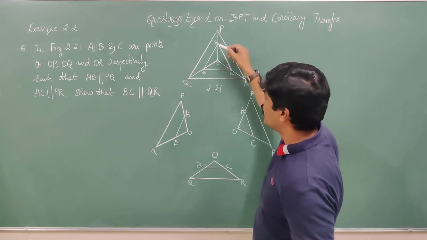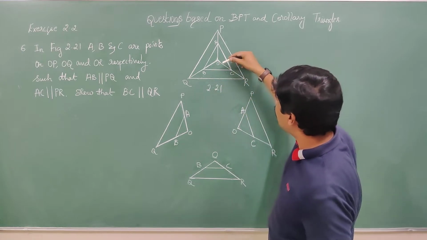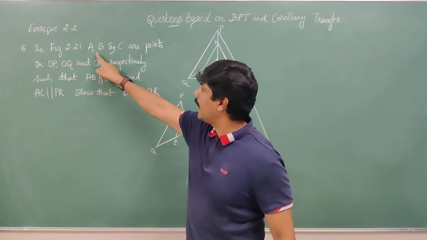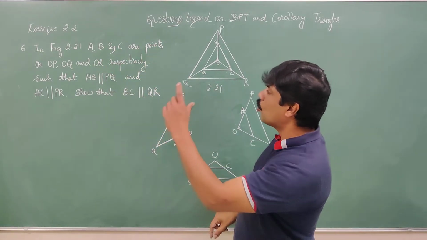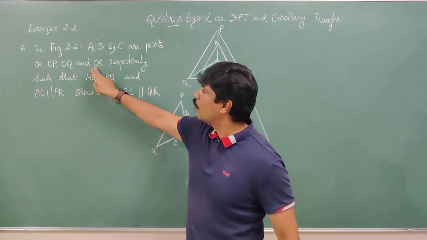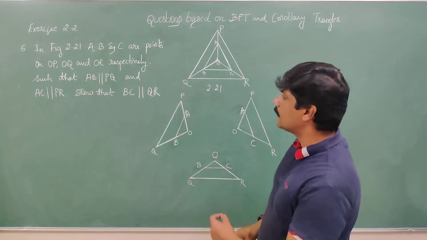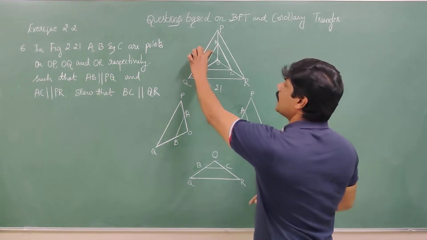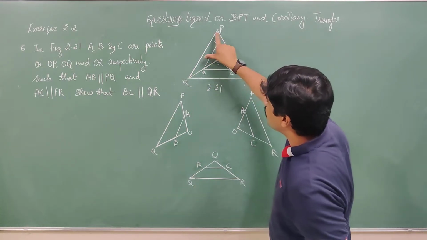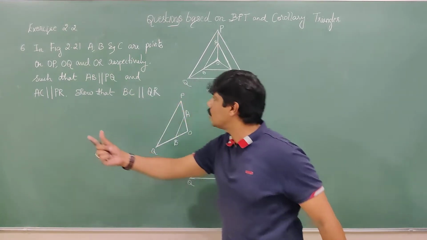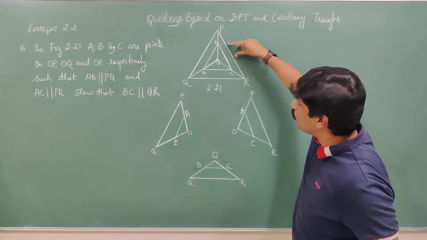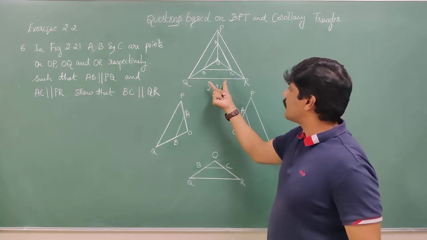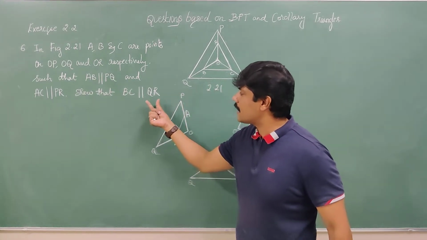In figure 2.21, A, B and C are points on OP, OQ and OR respectively, such that AB is parallel to PQ and AC is parallel to PR. Show that BC is parallel to QR. What we need to show is BC is parallel to QR.